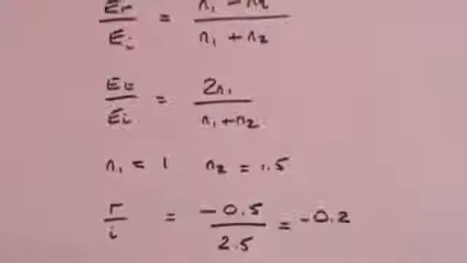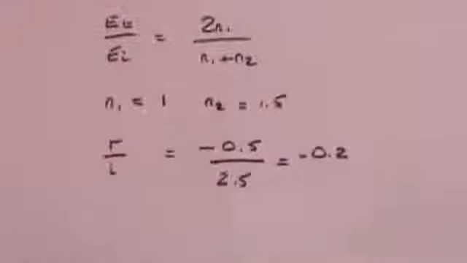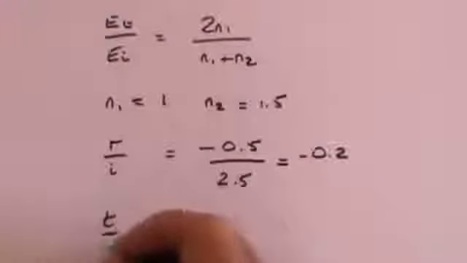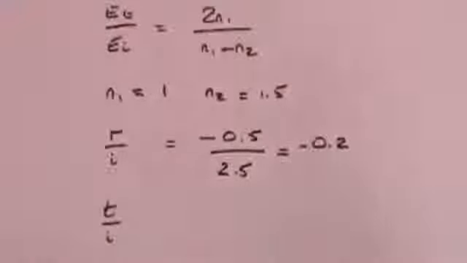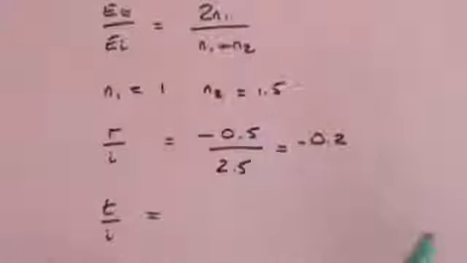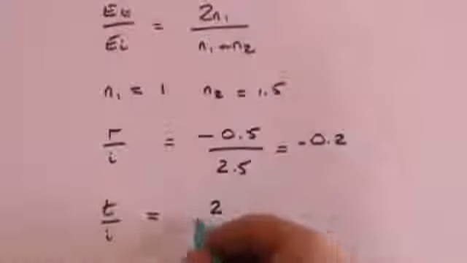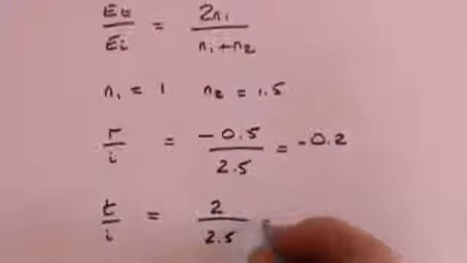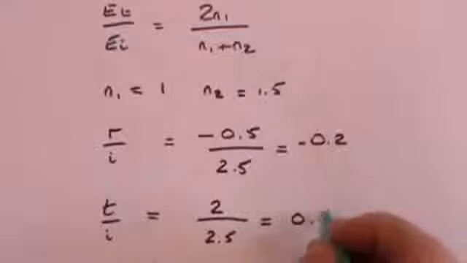The minus sign simply indicates that there's a phase shift. The transmitted vector compared to the incident vector is going to be 2n1 divided by n1 plus n2. Well, 2n1 is 2, n1 plus n2 is 2.5, and that's 0.8.